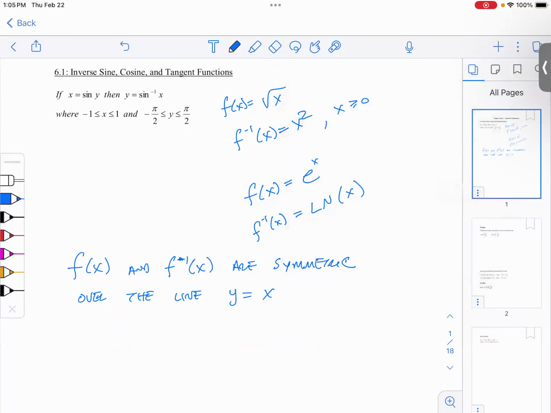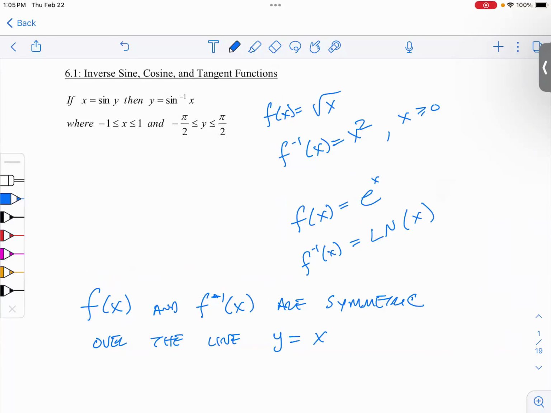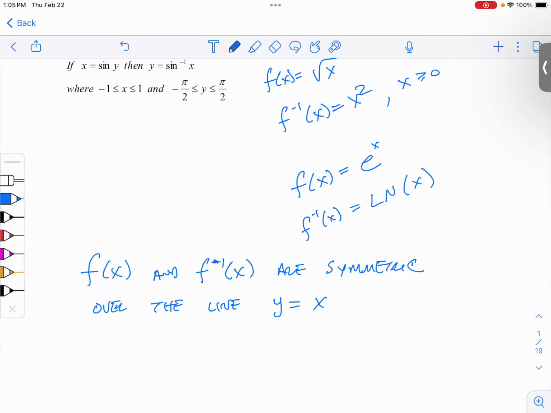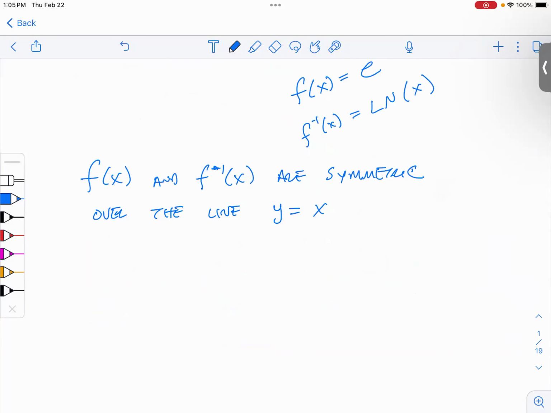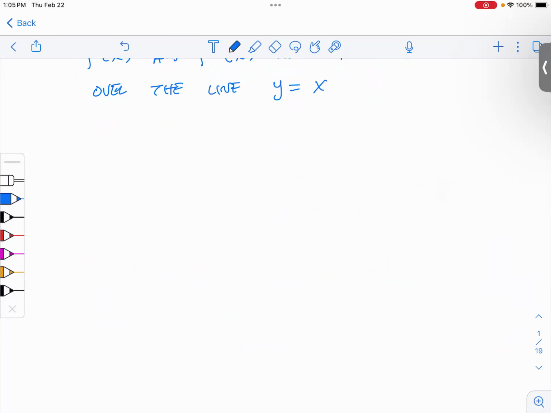So along those lines, a function and its inverse. So if I have the sine function and then the inverse sine function, I want to plot this out. And typically we plot one full period, but I only want to, because the inverse function is restricted.